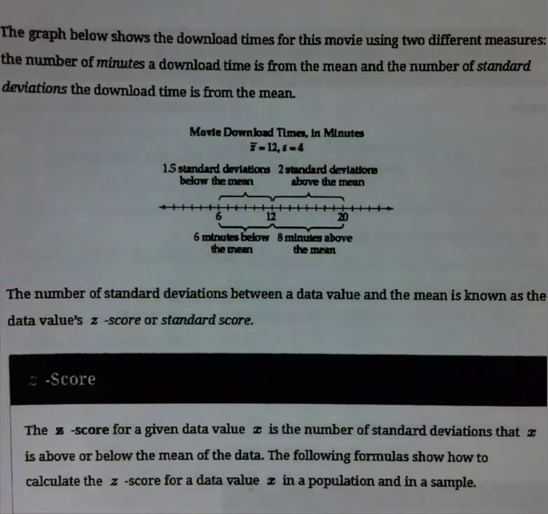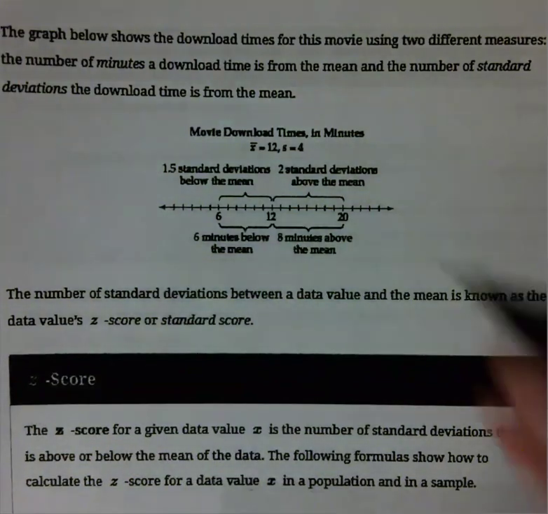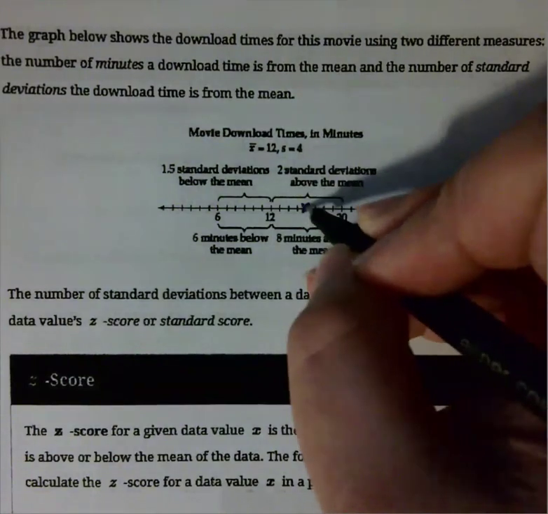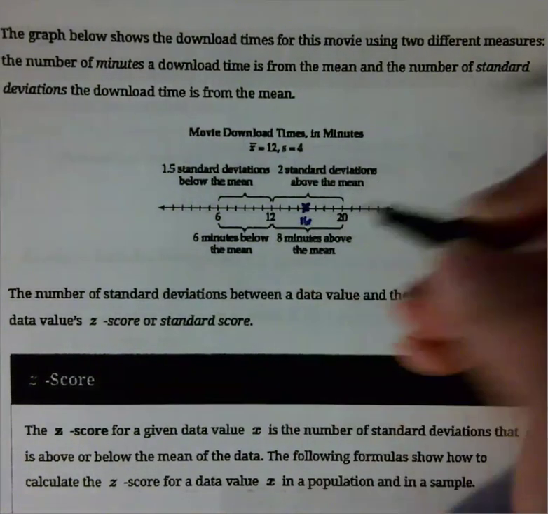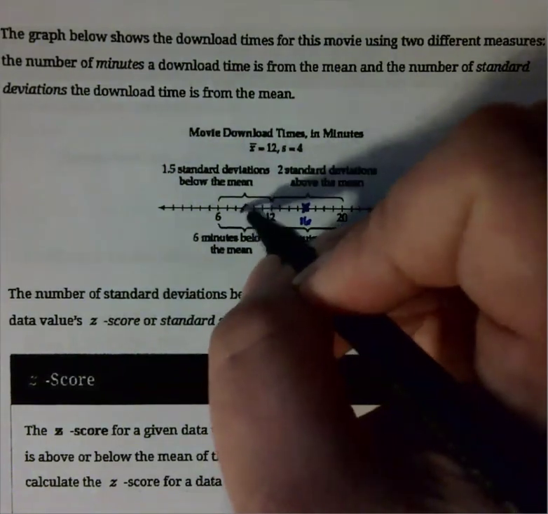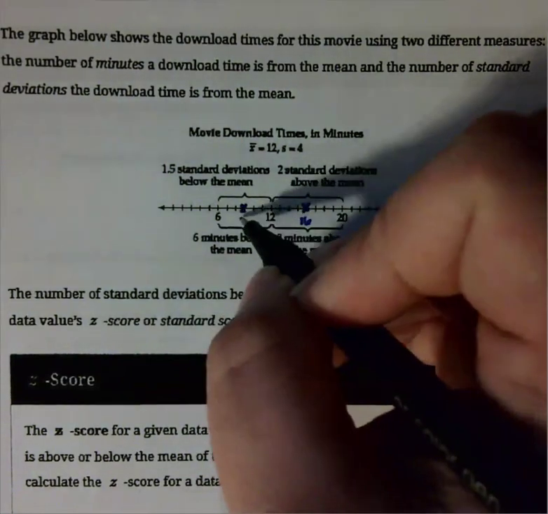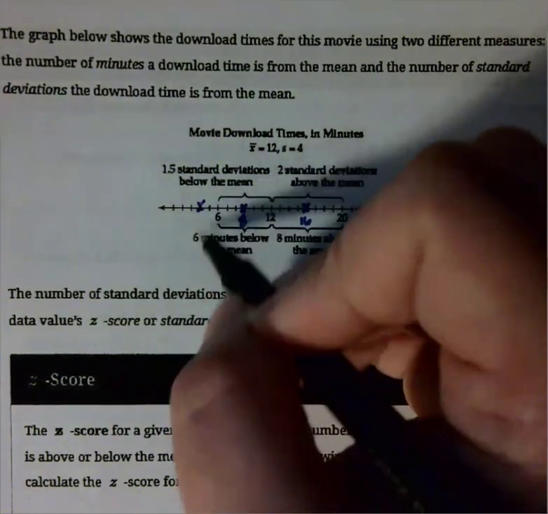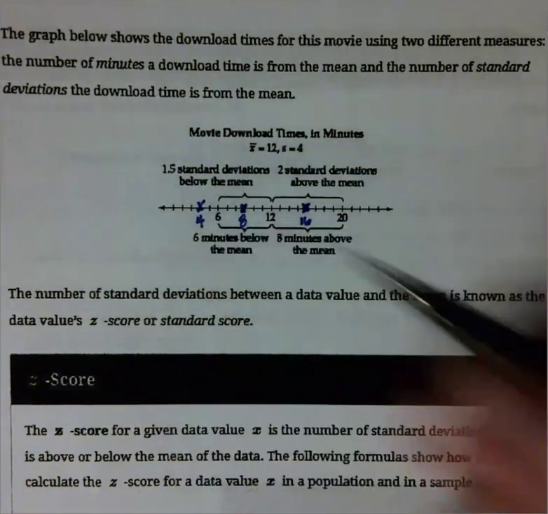And so as we are looking at how far away things are, we're going to be looking at how many standard deviations away. So I'm going to put this x right here because that would be 16. I'm going to put this x right here. If I take 4 away from 12, that would be 8. And then 4 away from 8 would be 4.